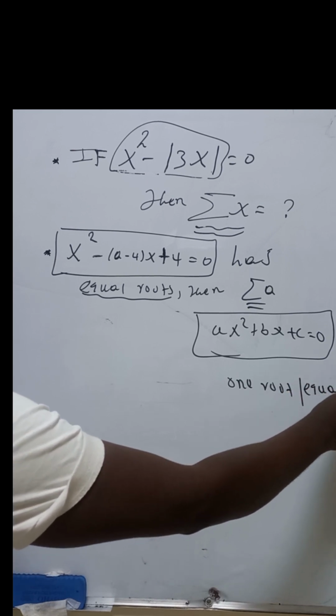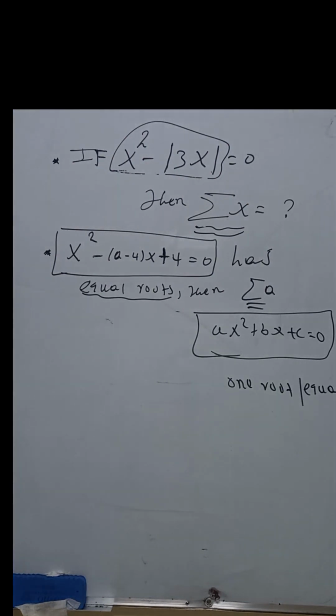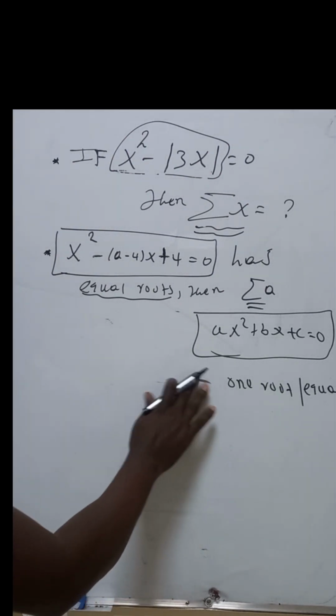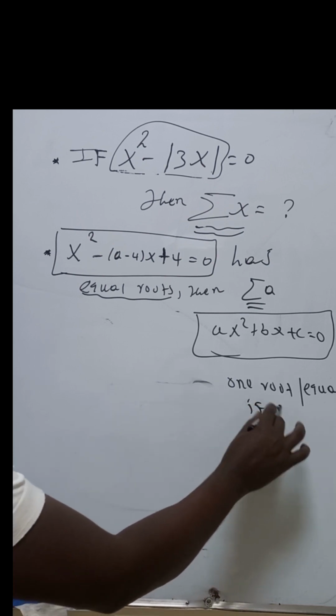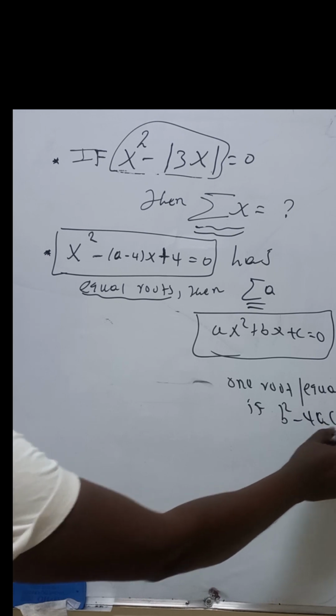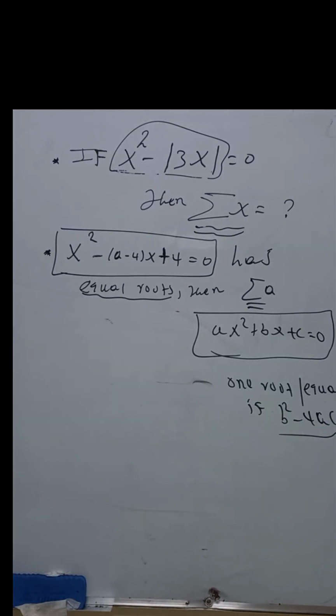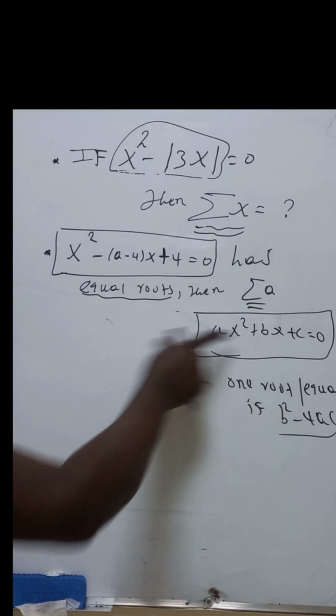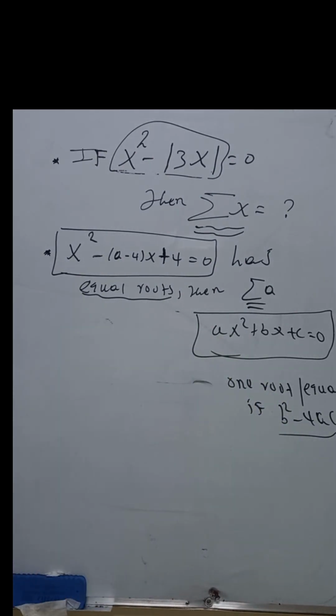One root means we have two equal roots. And this is possible if and only if b squared minus 4ac is exactly 0. We call b squared minus 4ac the discriminant. If the discriminant is 0, then the problem will have one real root, or two equal roots.